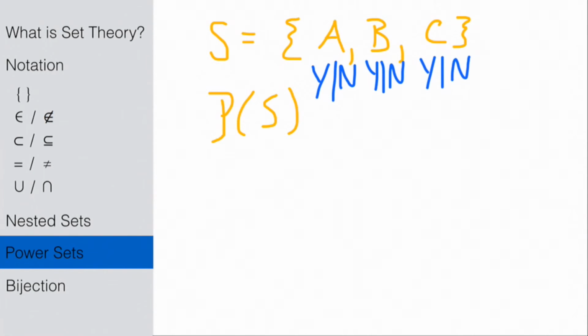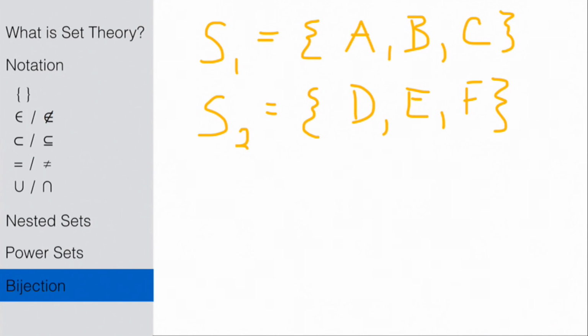We use this to make all the different permutations that were the subsets of the power set of S. Since this is a binary question, we know that the resulting power set is going to be 2 to the power of the size of the original set. In this case, we have 3 elements in the original set, and 2 to the 3 is 8, which is exactly the size of the power set that we found.